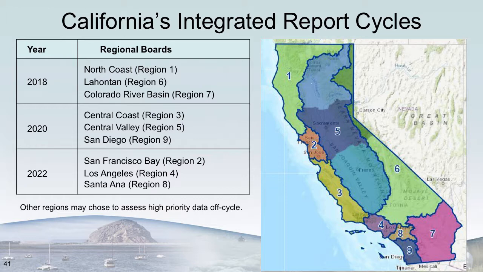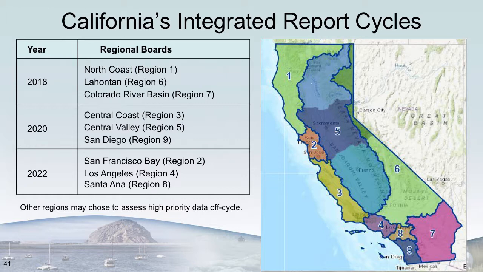Those 3 regions are the primary regions that are assessing their data for a particular cycle. And you can see where your region falls right now. I want to highlight that a region that is not on cycle still has the ability to look at any data that they want to look at, to assess it, and to do an integrated report for the year that they are off cycle.